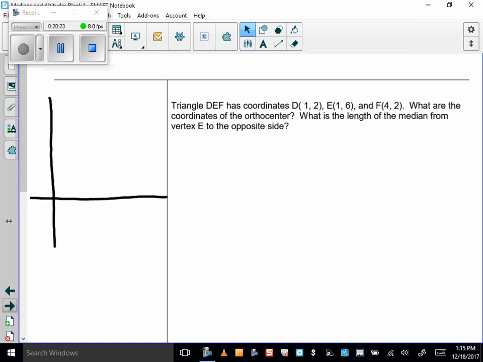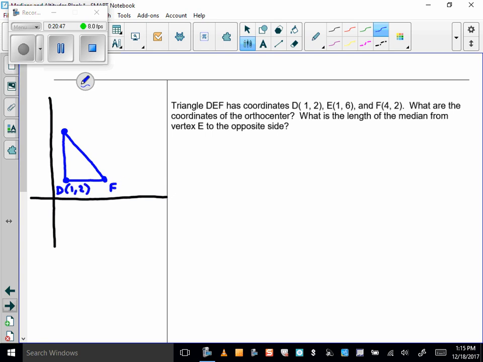So DEF has coordinates 1, 2, 1, 6, and 4, 2. So here's our triangle. D is 1, 2.